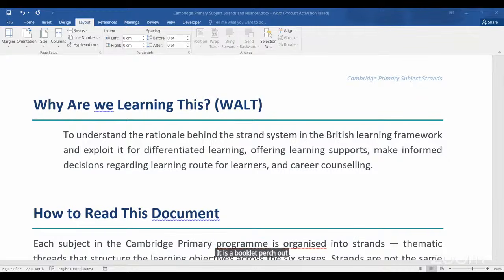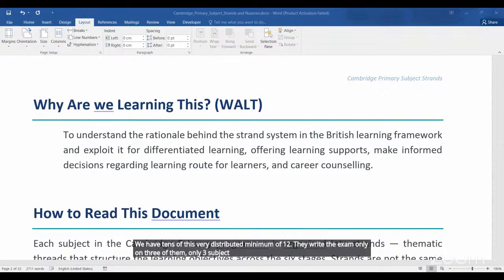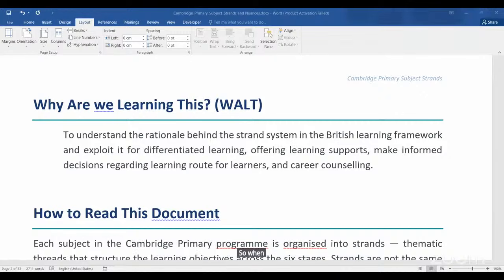And though we have 13 subjects, where you should be offered a minimum of 12, they write exams in only 3 of them: maths, English, and science. At the primary level, the primary Checkpoint exam, 3 subjects. Lower secondary Checkpoint exam, 3 subjects.